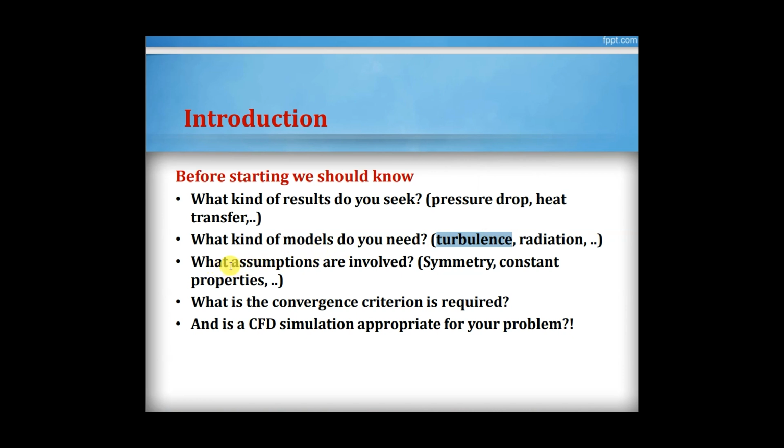The other is what assumptions are involved. It is symmetry. Imagine you are solving a problem having symmetry relations. Sometimes you may have constant properties. Imagine air, the factors like Cp varies from one temperature to others.